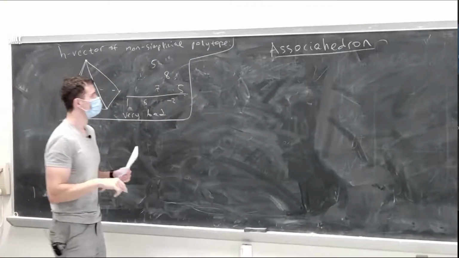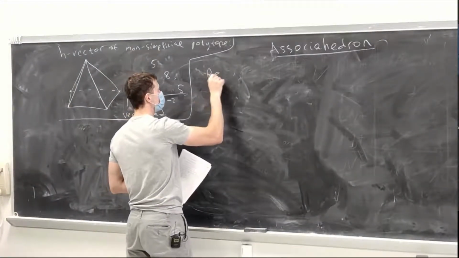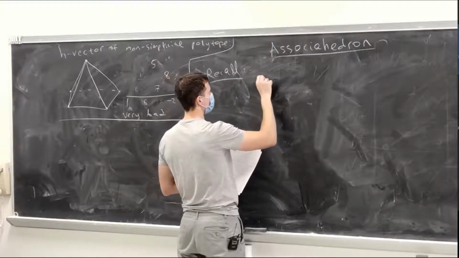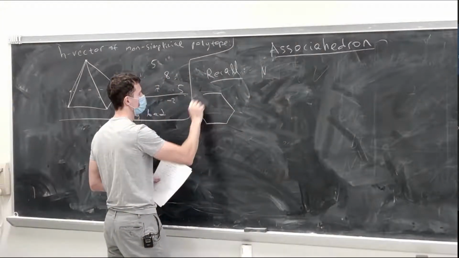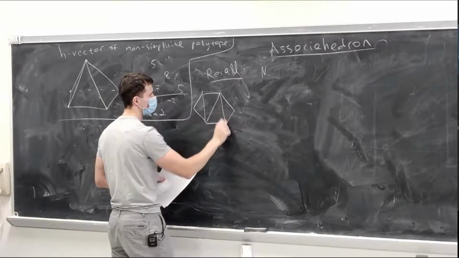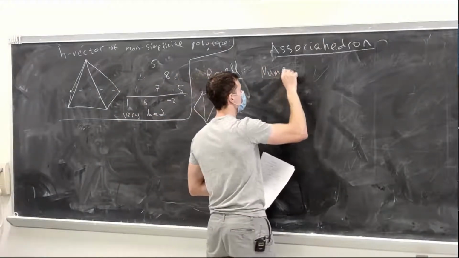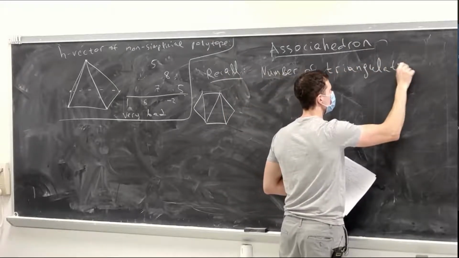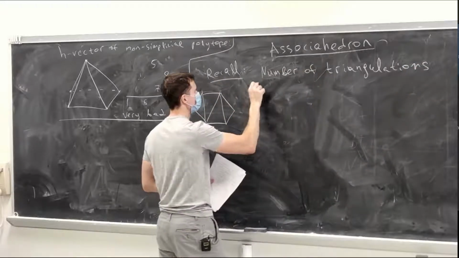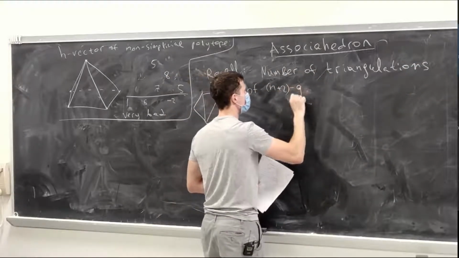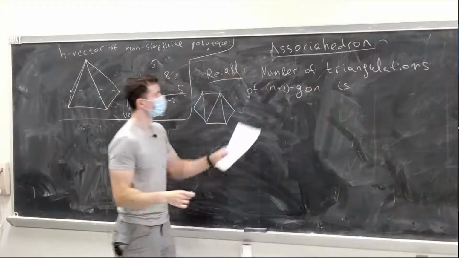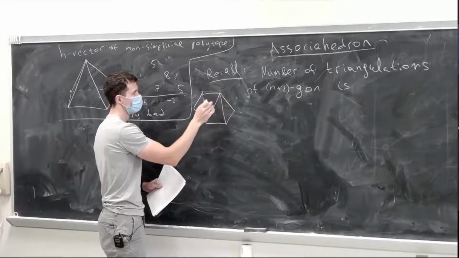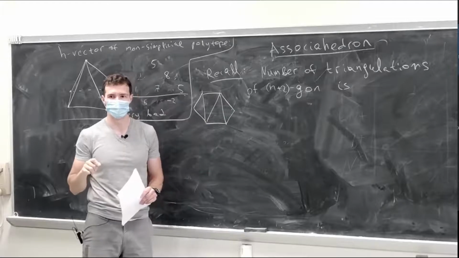What is the associahedron? Well, let me remind you, as you all probably know, if you take an n+2 gon and you want to subdivide it into triangles, the number of triangulations of an n+2 gon is, by triangulation here I mean that I'm not allowed to introduce any vertices in the interior, so only using the vertices of your original polygon.